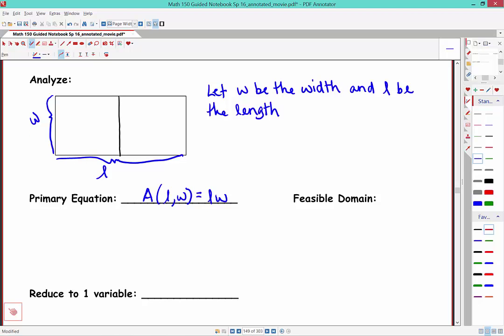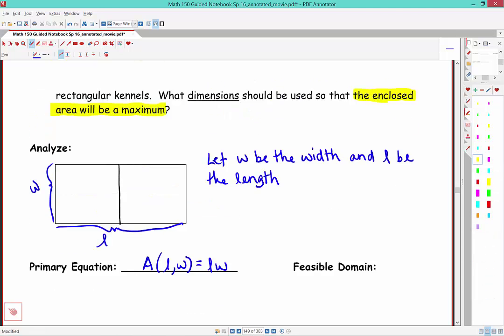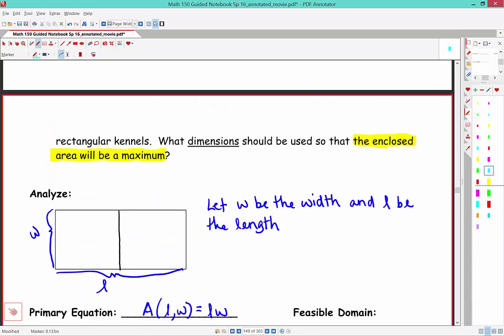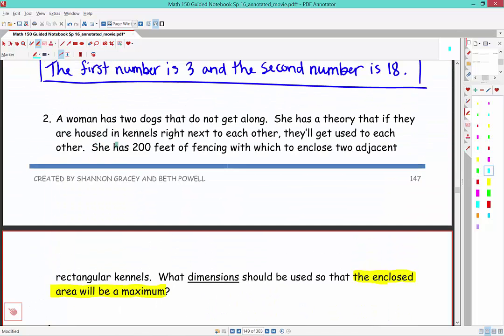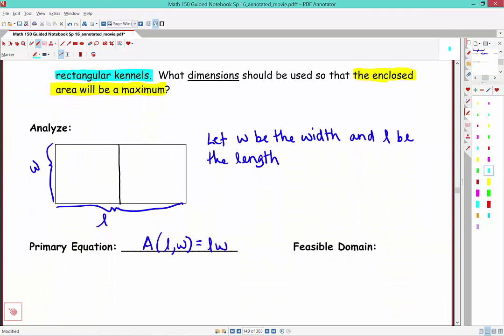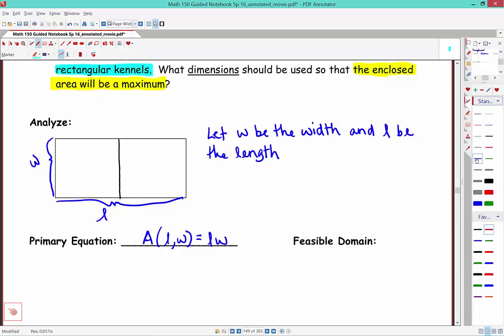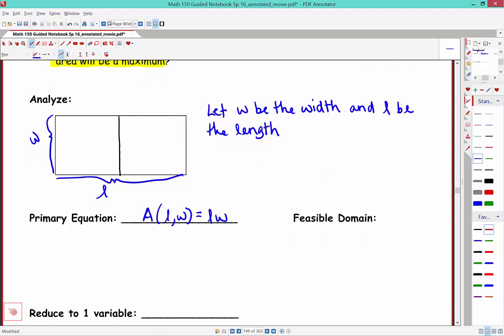What do we have going on? Actually, let's reduce this to one variable first. Over here, what do we know? We know that we have 200 feet of fencing with which to enclose these adjacent rectangular kennels. So that means that what? Good. How many W's do we have?